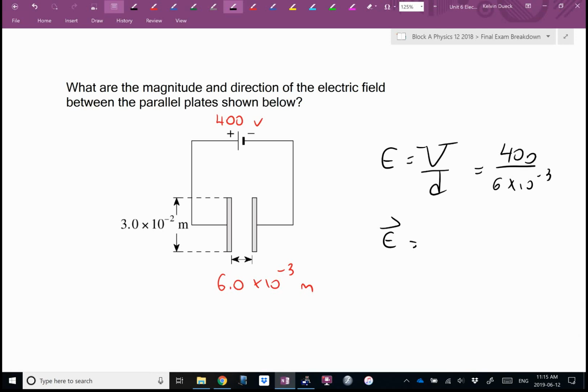Yeah, you're going to get 4 divided by 6. You're going to get 6.6 repeating, I think.